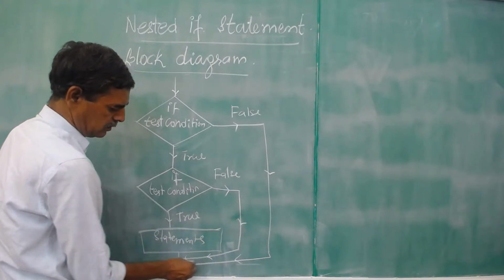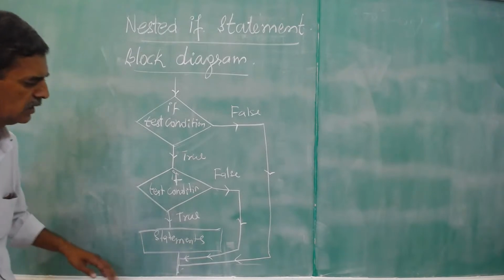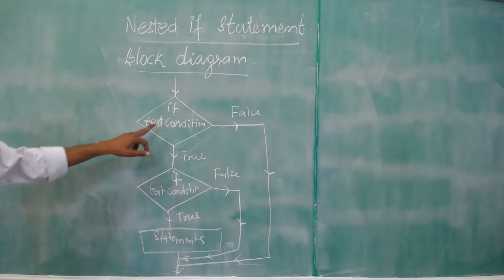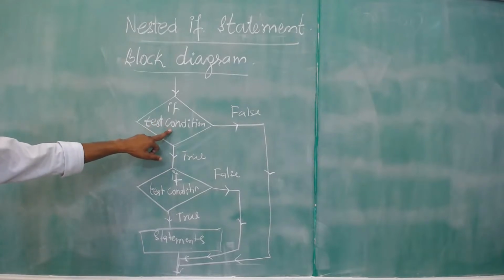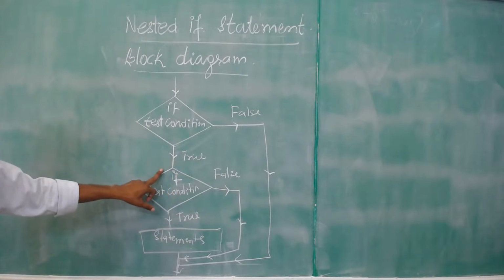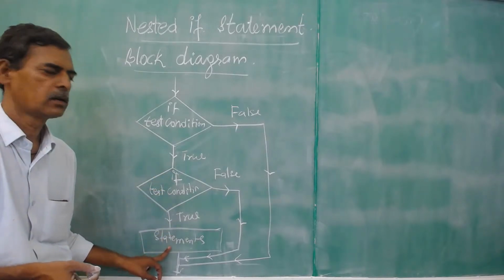It goes to the next statement. Here, the test condition is tested. If it is true, once again a test condition is tested in the if block. If this condition is true, then statements are executed.